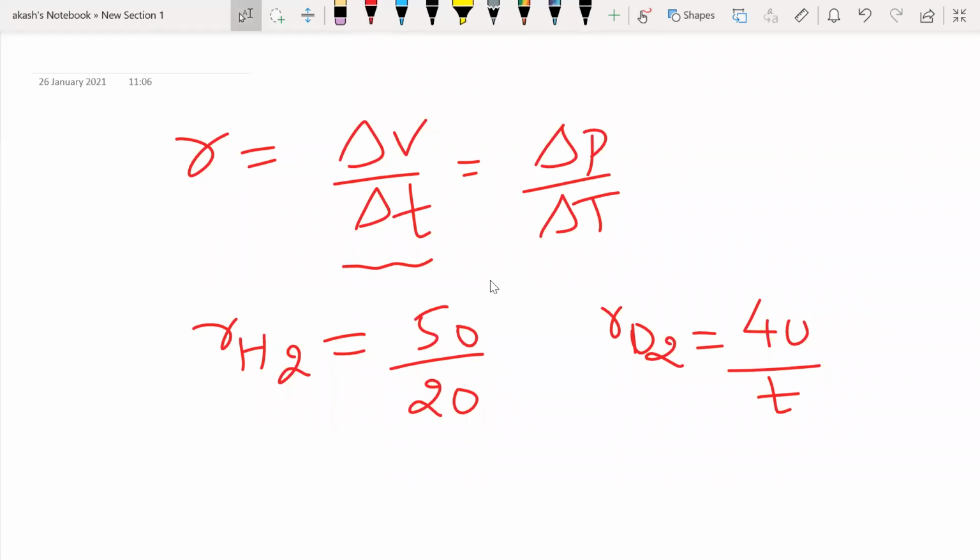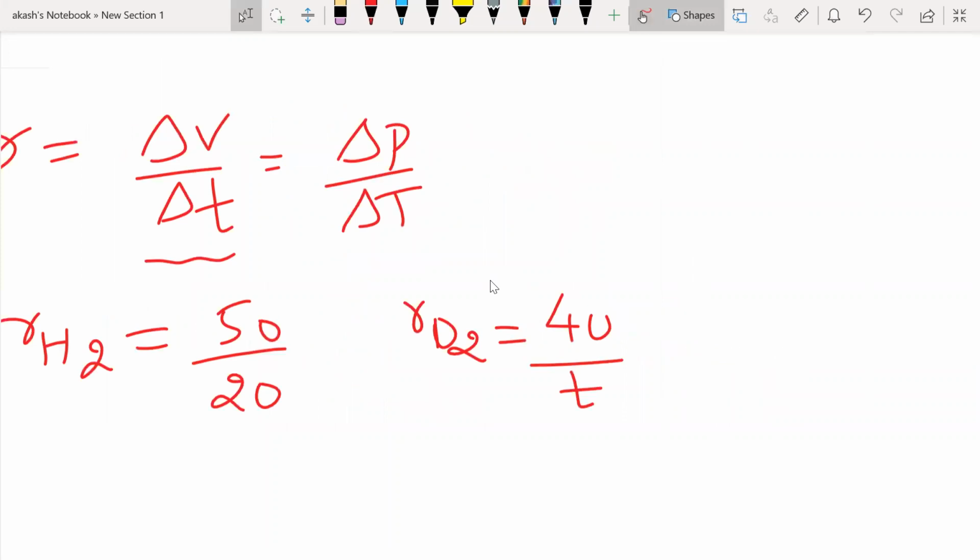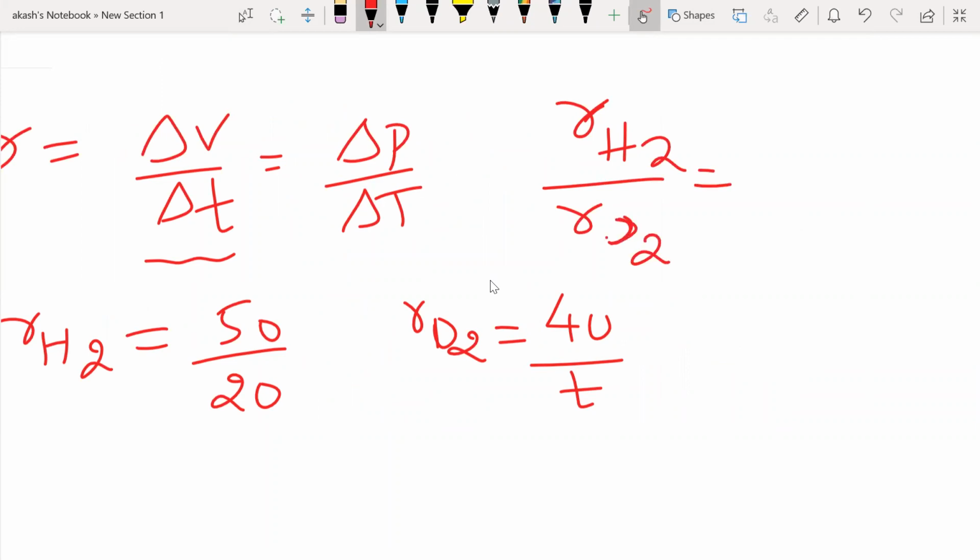So I can easily tell that R of H2 divided by R of O2 will be equal to root of m of O2 divided by m of H2. That's what Graham's law says: R1 by R2 is equal to root of m2 by m1, inversely related to the root of mass. Now you just have to substitute everything and get the answer, right?